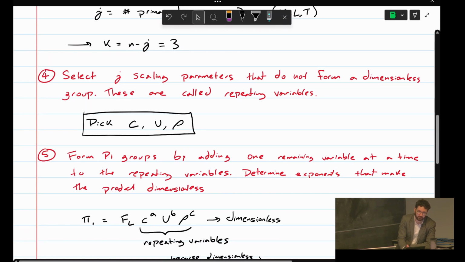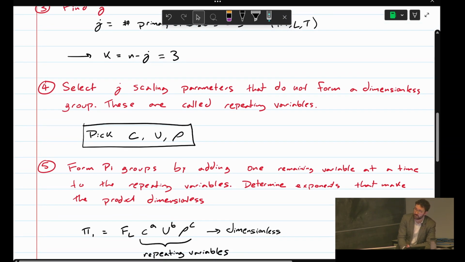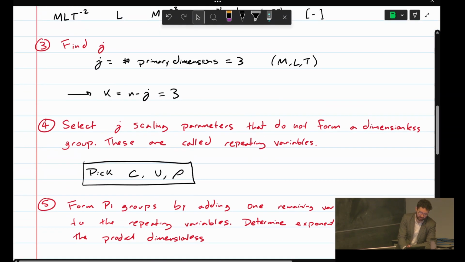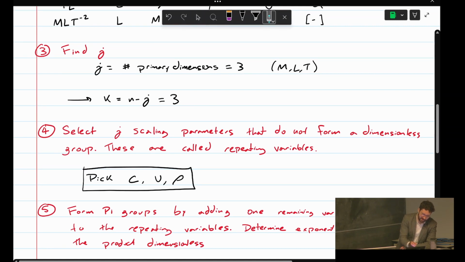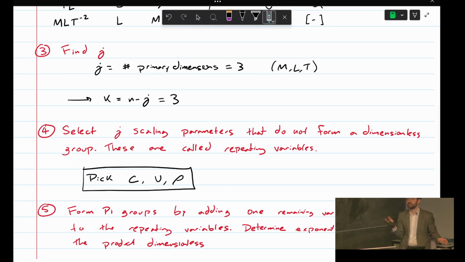Are there multiple answers usually, or is it common to have just one? There's no unique answer, but it will get very ugly. So the recommendation I have is pick these, but remember if there are additional variables, say it depended on temperature, you need to add an additional variable that depends on temperature into these repeating variables.